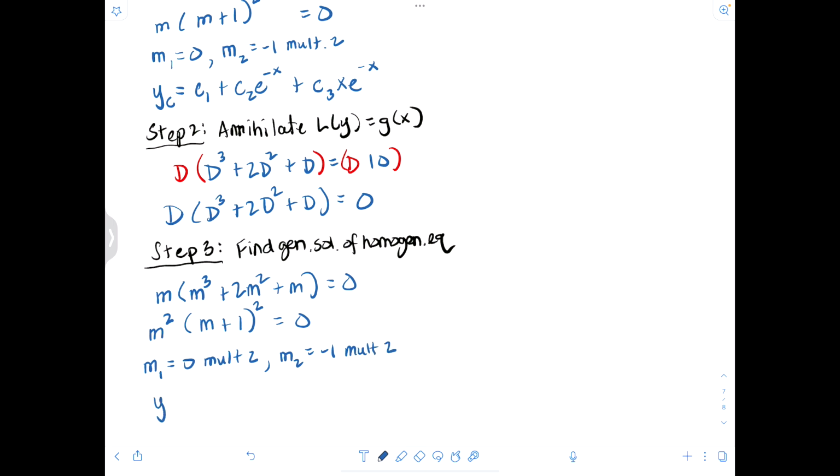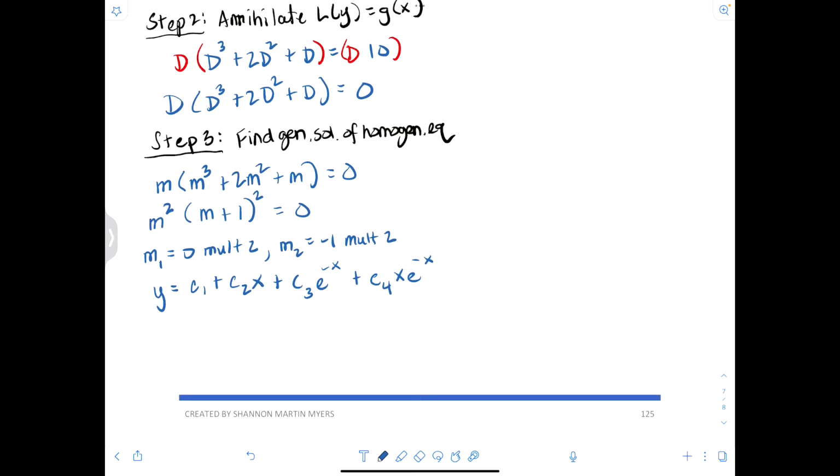So y equals c1 plus c2 times x for that second multiplicity of that 0 solution, and then we'll have plus c3 e to the negative x plus c4 x e to the negative x.